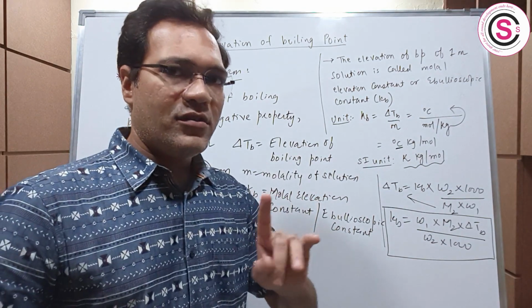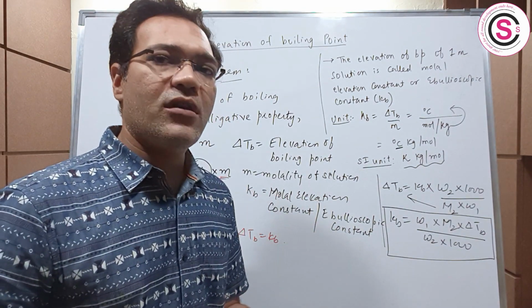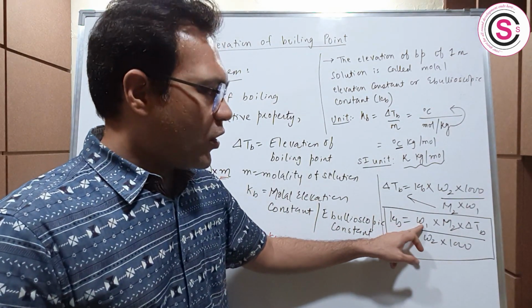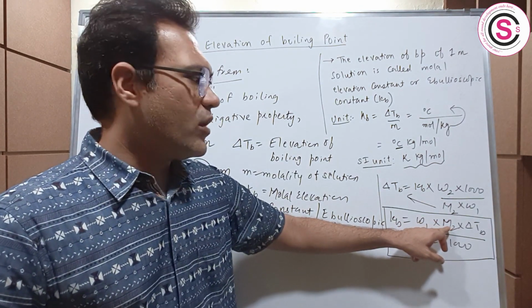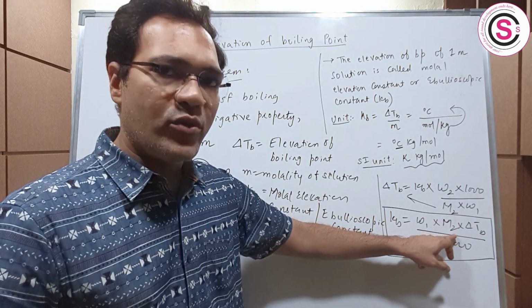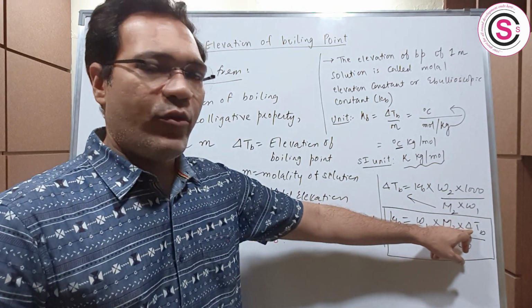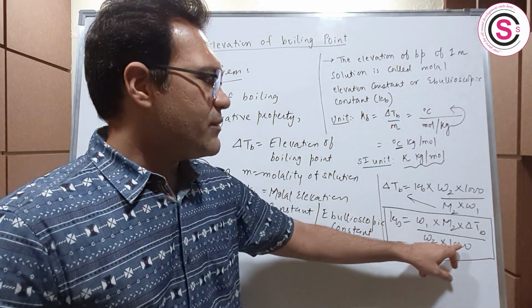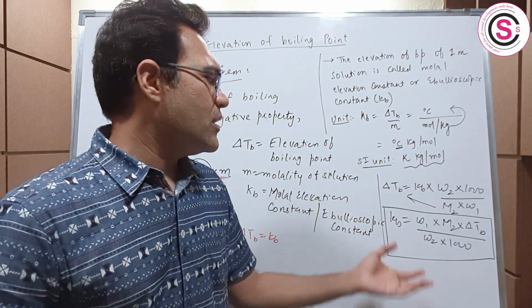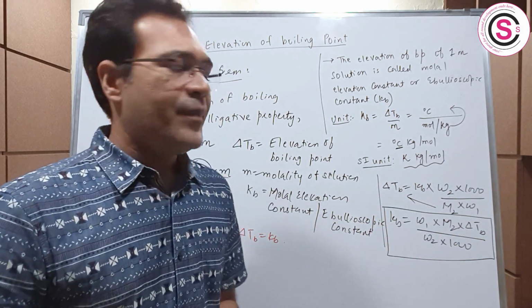W1, 1 is for solvent and 2 is for solute. So weight of solvent multiplied by M2, the molecular mass of solute, into elevation of boiling point, upon W2, the weight of solute, multiplied by 1000. Correct? So this is my equation for Kb.